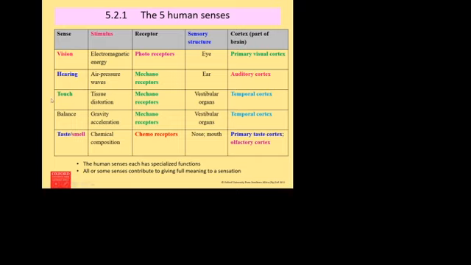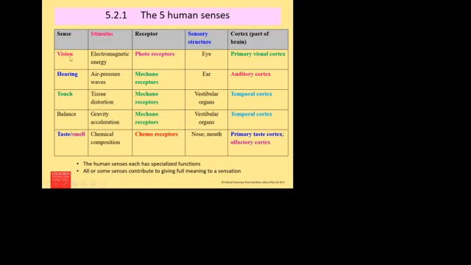For example, we have five senses here, and each of the senses has its own receptors, and these receptors and senses have a part in the brain that is responsible for each of them. For vision, the receptor is called photoreceptors, and in the brain there is a visual cortex responsible for processing the information that we see.